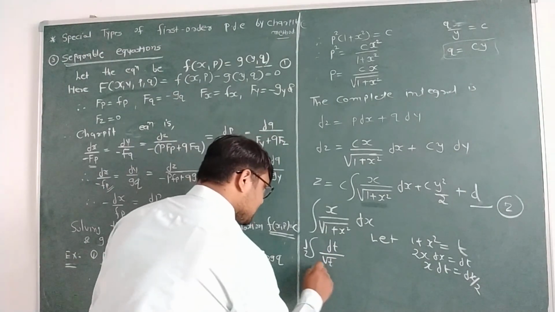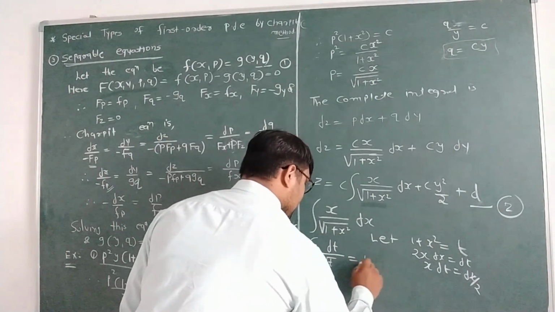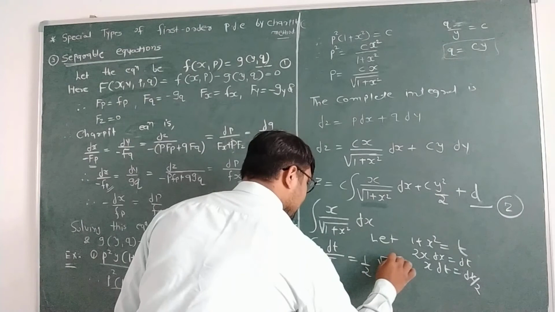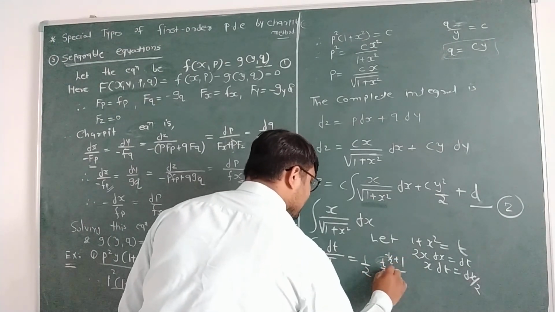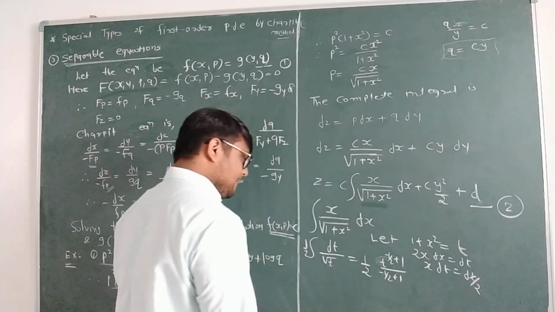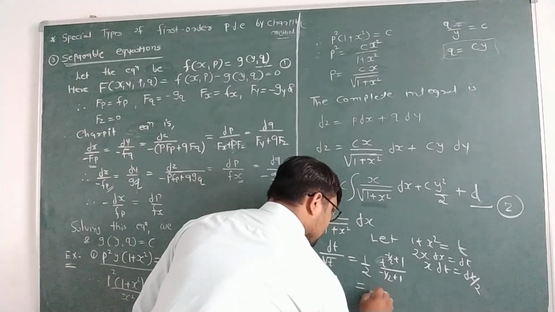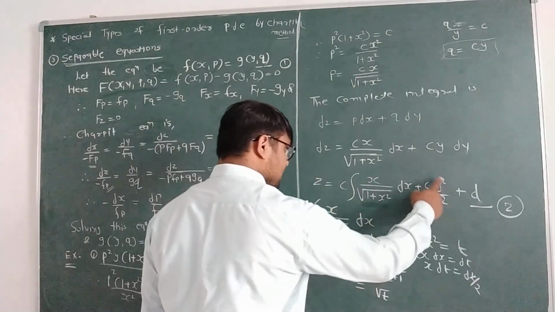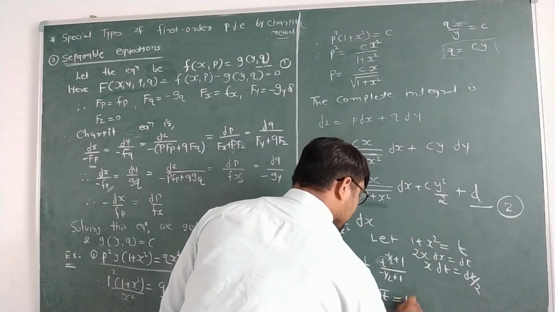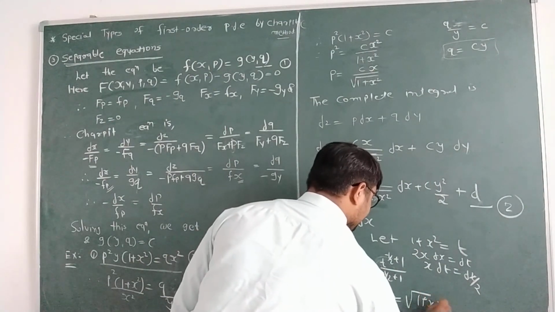So this is equal to 1 by 2 times t to the power minus 1 half plus 1 over minus 1 half plus 1. So this is equal to under root t. So root t is nothing but under root 1 plus x square.